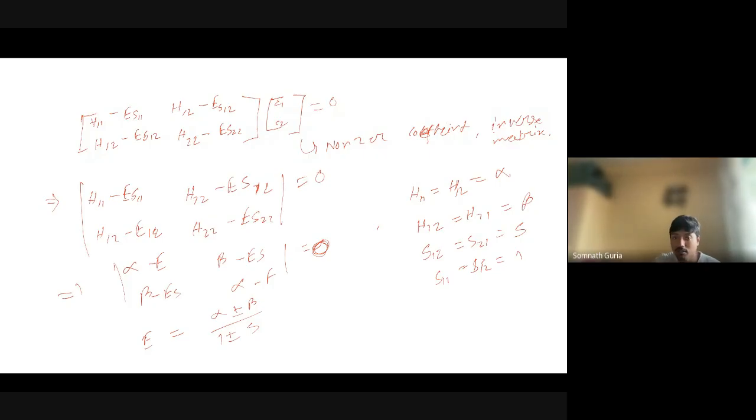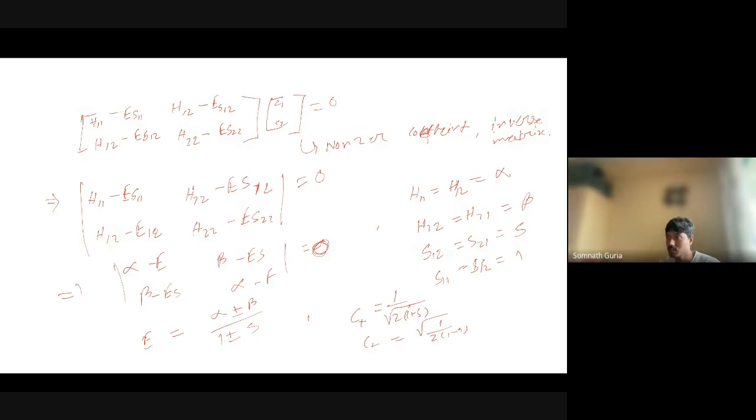And normalizing the function, as you know, C plus can be written as 1 by root over 2 into 1 plus S, and C minus will be 1 by root over 2 into 1 minus S, right? It was already proved in the initial part of today's session.